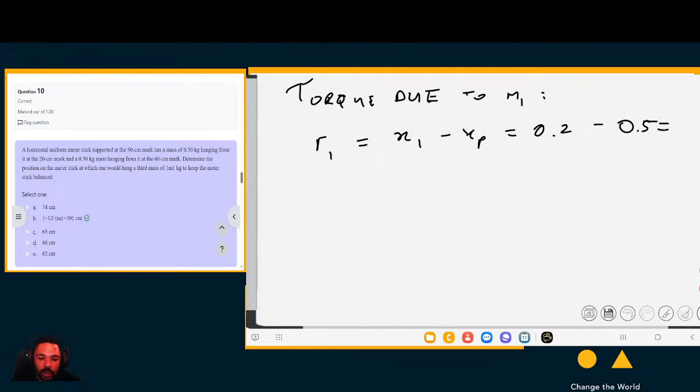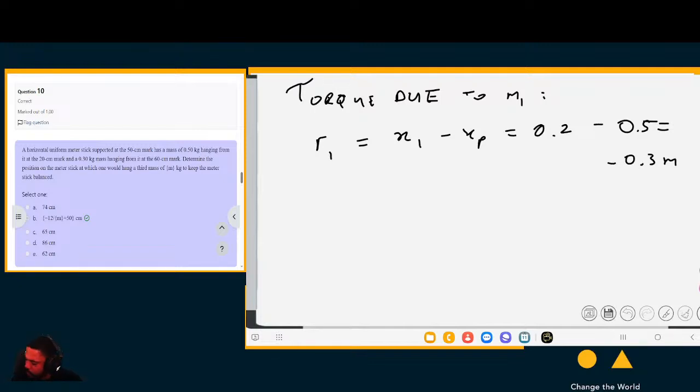That gives me 0.2 minus 0.5. That is negative 30 centimeters, so it is at negative 0.3 meters.